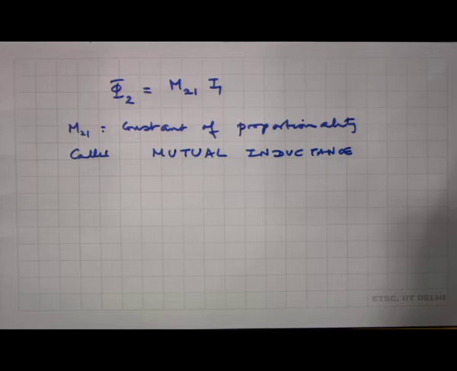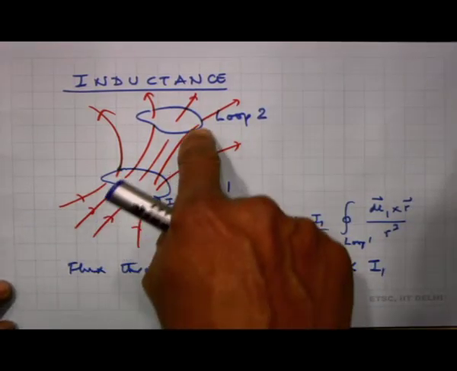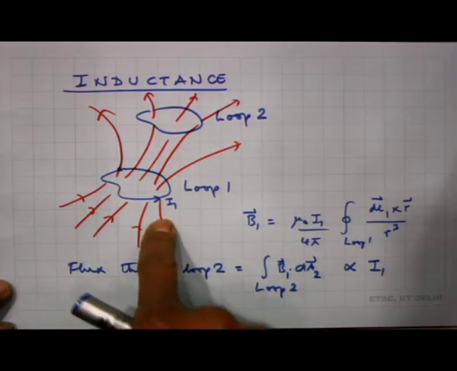It is called mutual inductance because it is how much flux is linked by loop 2 because of current in loop 1.